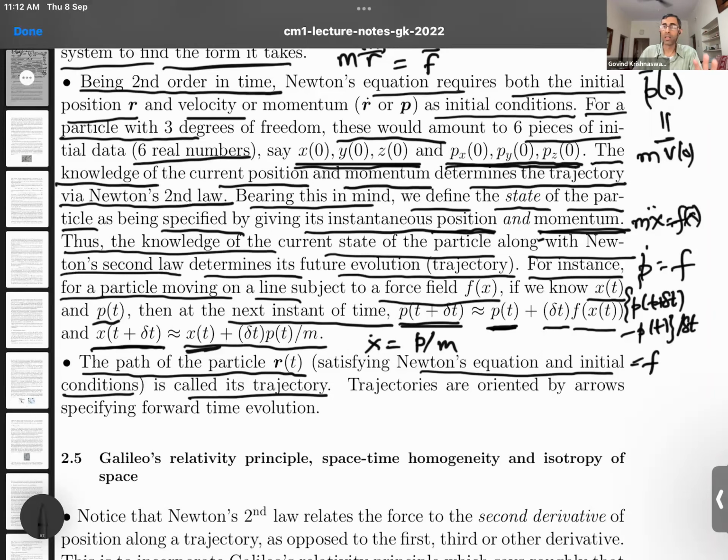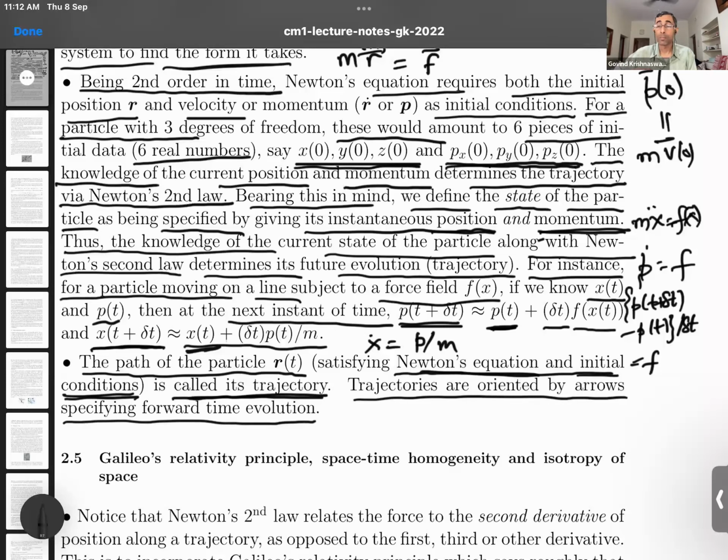And it must not be just any old curve. It must be the curve satisfying Newton's equation and the initial conditions. If those things are met, then we call it the trajectory. Of course, trajectories are oriented by arrows specifying forward time evolution. That is how we place the arrows on a trajectory.